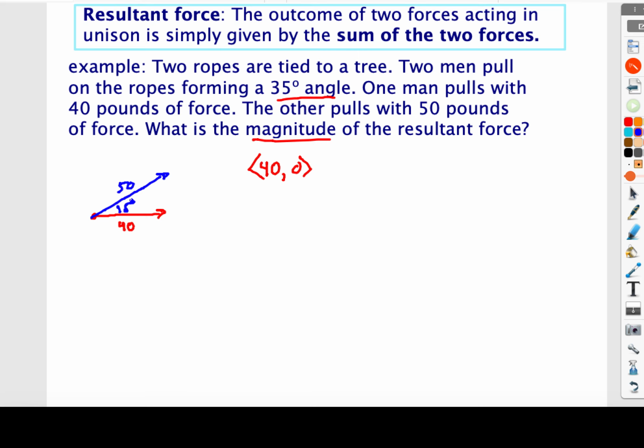That's our magnitude formula. 85.887 would be our resulting force. And notice that our forces were measured in pounds. So again, our resultant force would also be measured in pounds of force. So there we go.